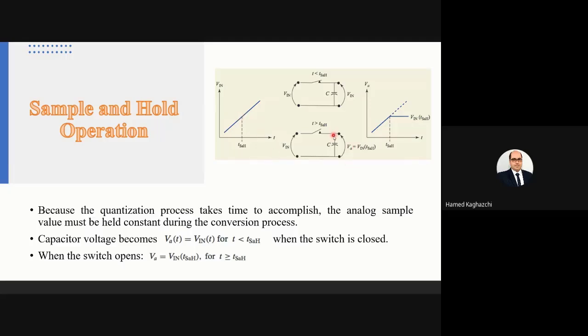Suppose that I have a capacitor and a switch, and I connect this capacitor to the voltage source. What is the voltage source? This one. It changes from 0, for example, up to, I don't know, 12 volts. Now, if this switch is closed, the voltage of this capacitor, which is called VA, is equal to Vin.